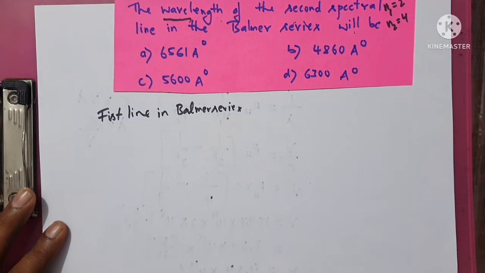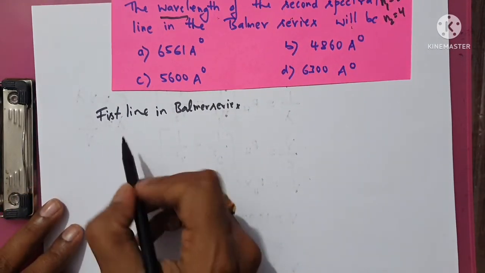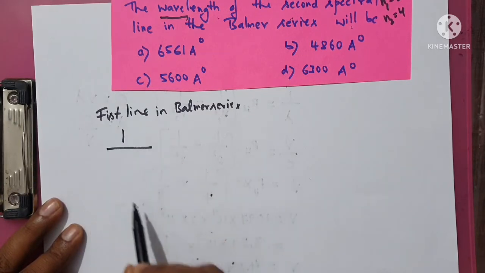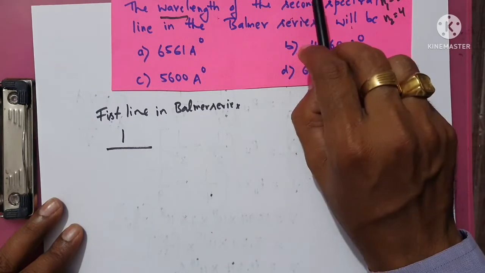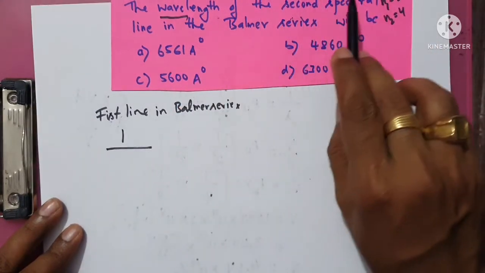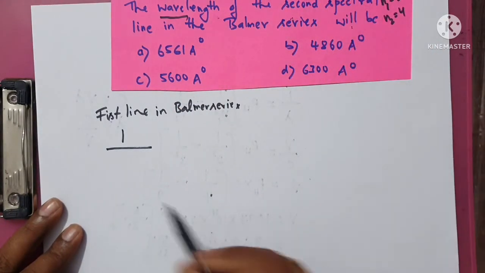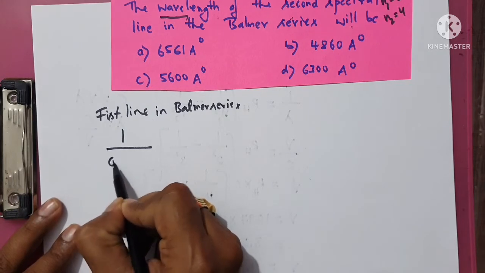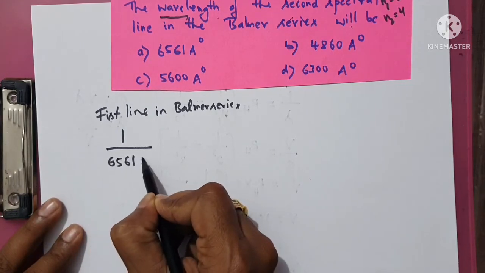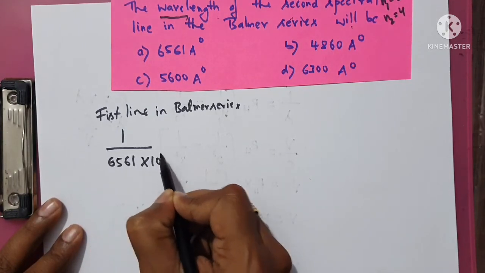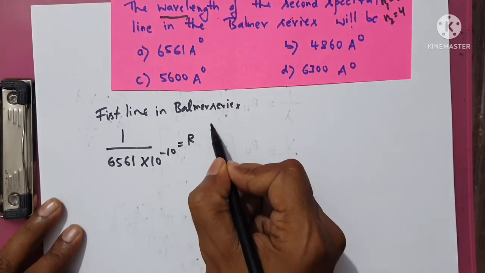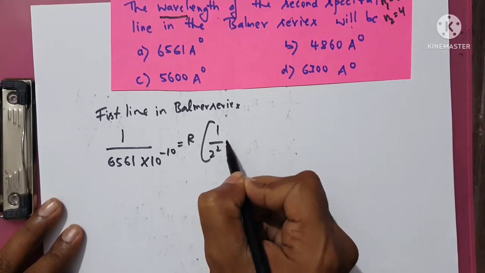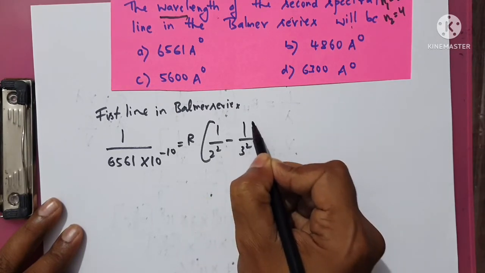In the first line of the Balmer series, I'll take 1 by the wavelength, which is given as 6561 angstrom. I'll take that in meters, that is why I'll take 10 to the power of minus 10. That is equal to R of 1 by 2 square minus 1 by 3 square.